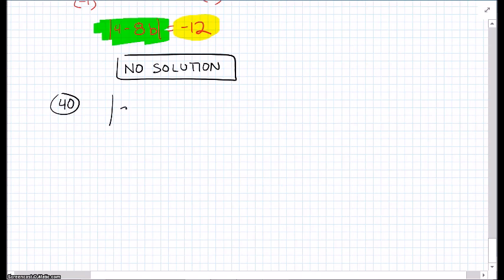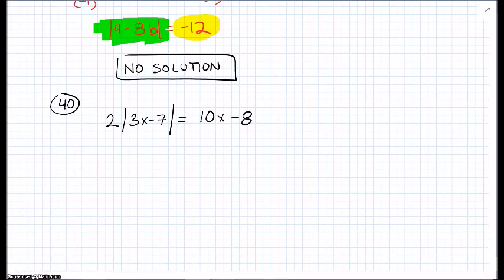All right, 2 times the absolute value of 3x minus 7 equals 10x minus 8. Okay, first thing we want to do is get the absolute value by itself, so we're going to divide by 2 across the board.